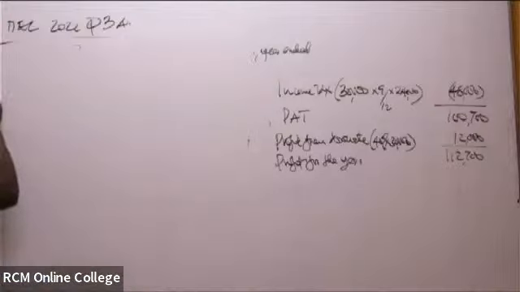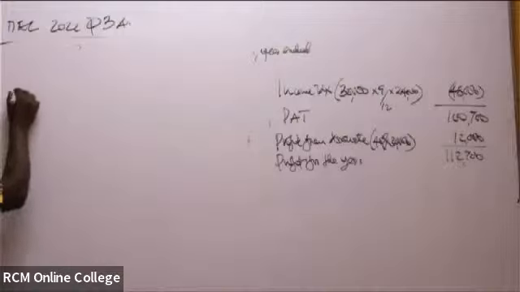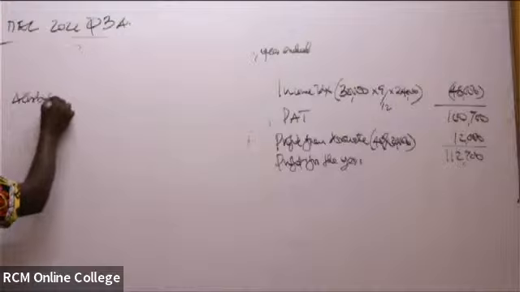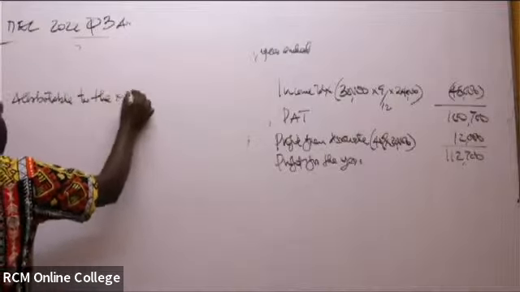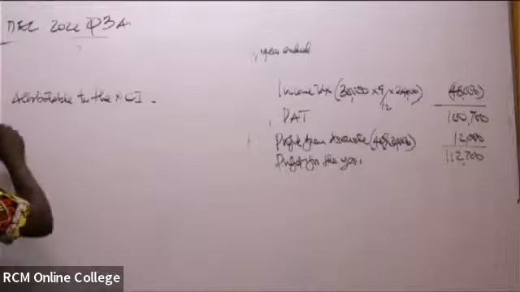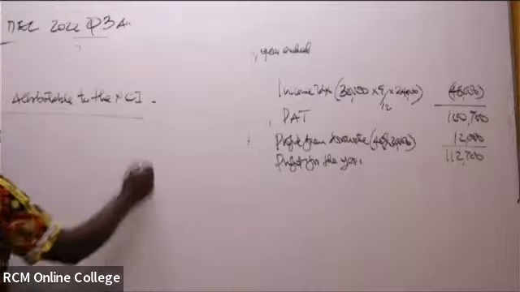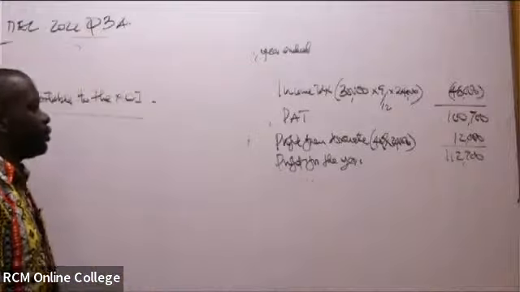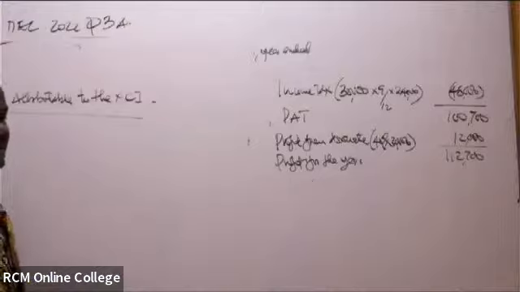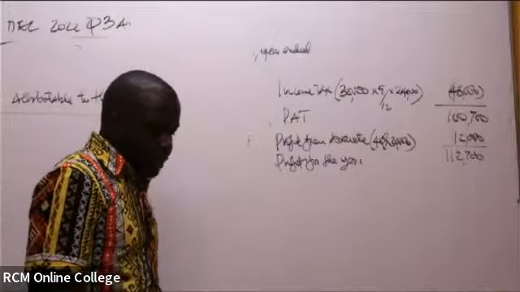So we can do a computation here: the profits attributable to the non-controlling interest. That way you can apportion and see which profits go to the NCI and which go to the holding company.